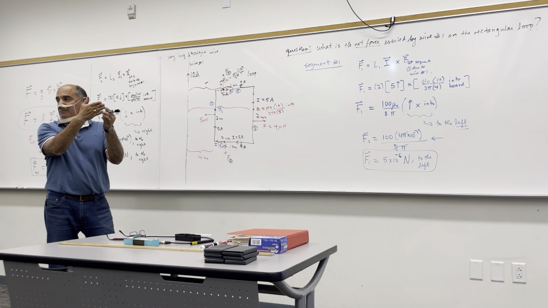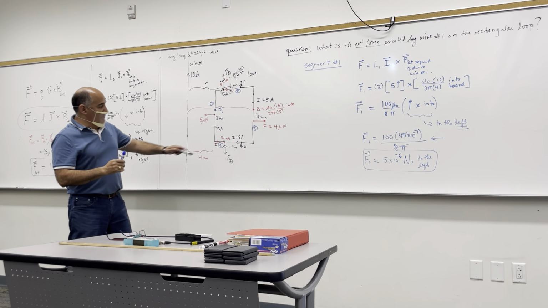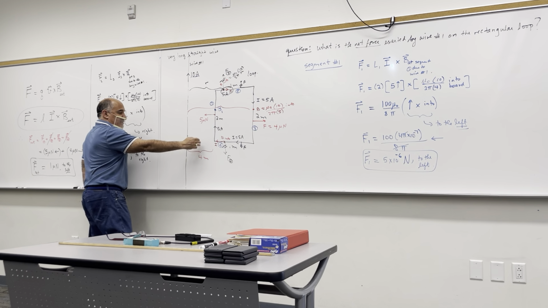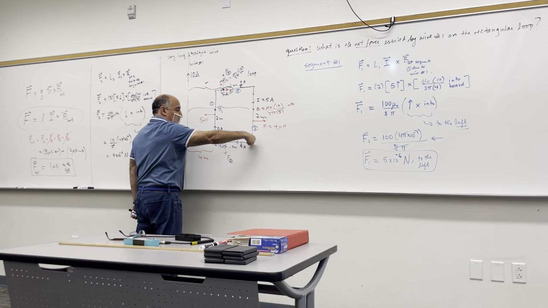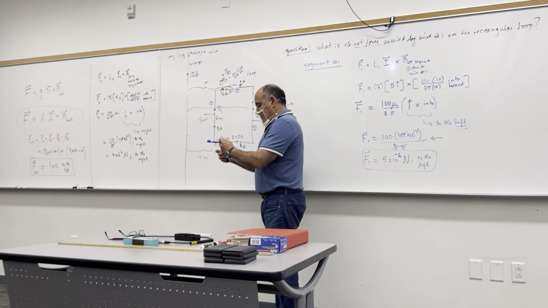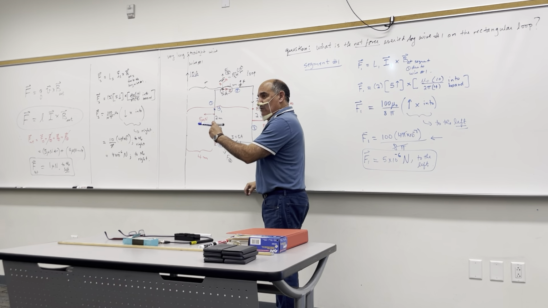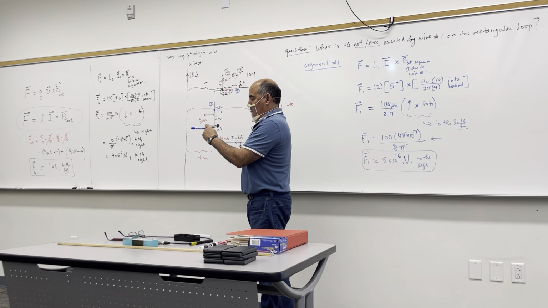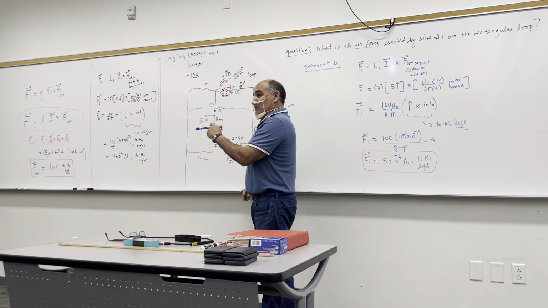The force is up. Now, over here, the magnetic field is still into, but the current here is to the right, and when it gets over here, the current is to the left. So what is I cross B? That will be down.